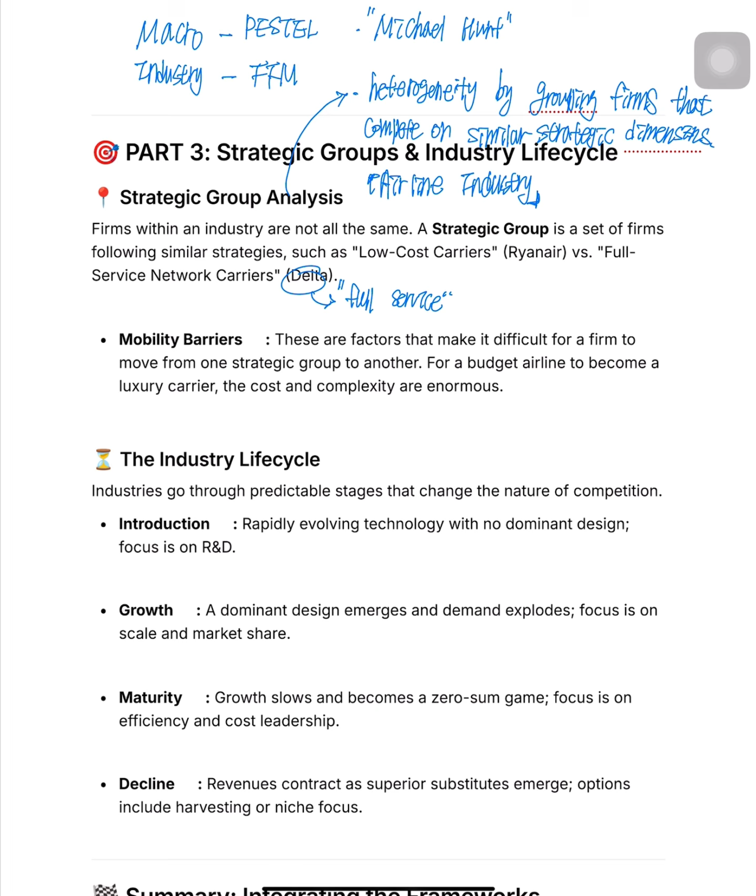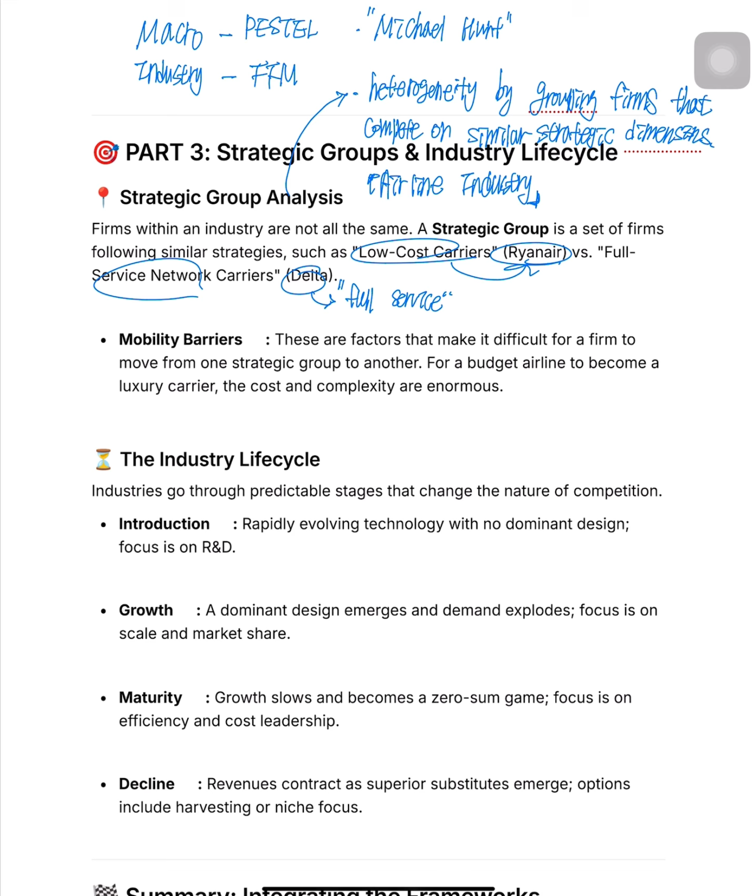The second strategic group is low cost carriers. Ryanair is a good example, and also EasyJet, Spirit, like that. These airlines fly point-to-point routes, typically on shorter distances, with a single cabin class, minimal or no complimentary services, and simplified fare structures.